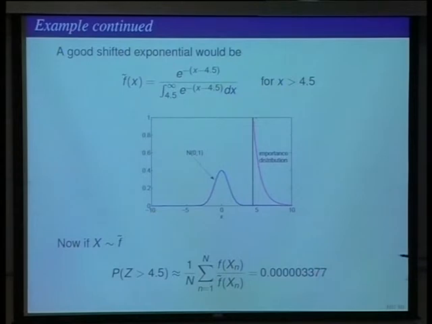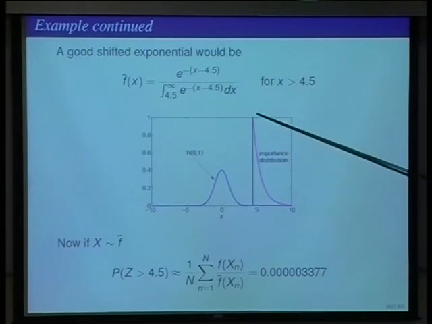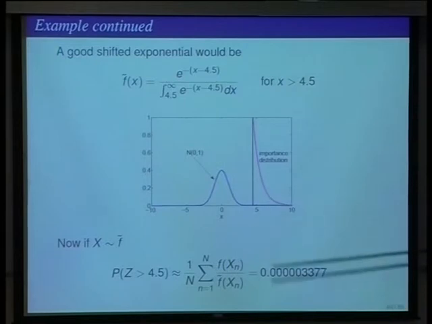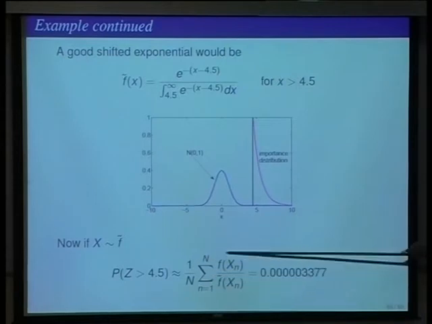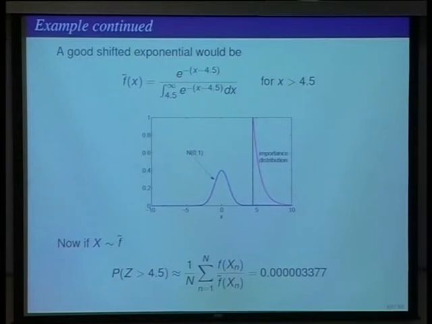We do this problem, and really I should have this indicator function in there, but with the distribution we picked, all of our samples are going to turn the indicator function on. You can think of the indicator function as being there, but it's always turned on because we're always sampling to the right-hand side of that line. Then we're just taking the average of these likelihood ratios.